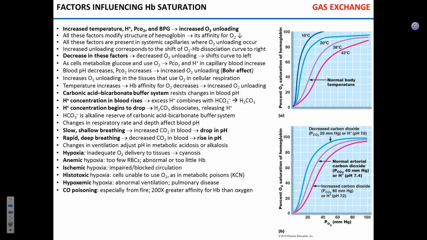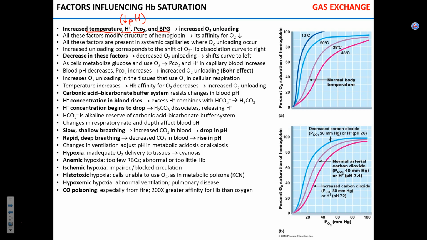So, a summary up front: elevated temperature, elevated concentration of hydrogen ions or low pH, elevated carbon dioxide, and elevated levels of biphosphoglycerate, BPG. They all increase oxygen unloading.